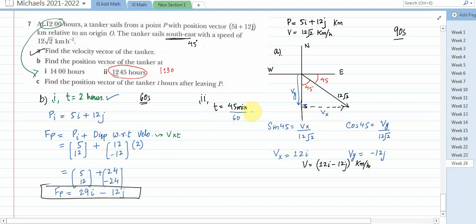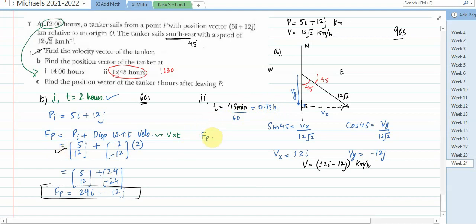So 45 divided by 60 is 0.75. So now the time is 0.75 hours. Alright, so that is your time, and now the question will be very much similar, we need to find the final position, and I'm going to use this equation here.